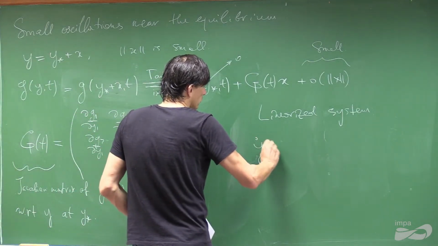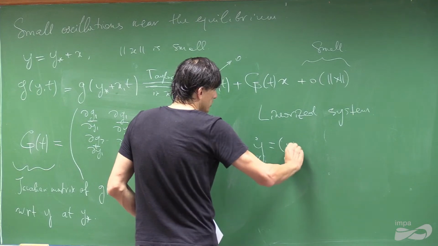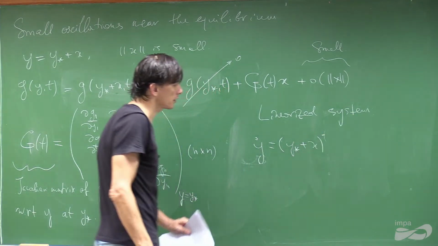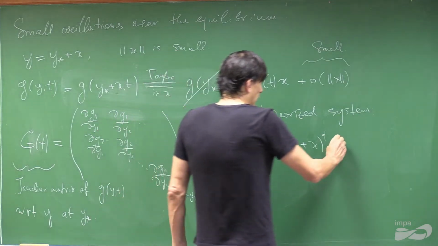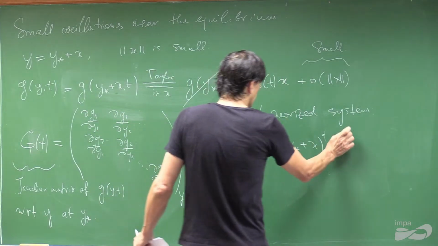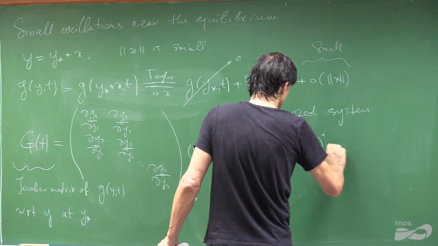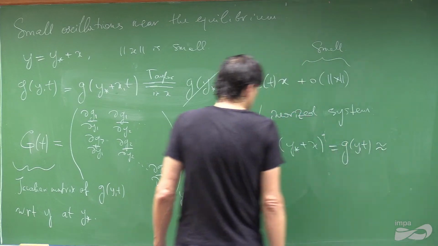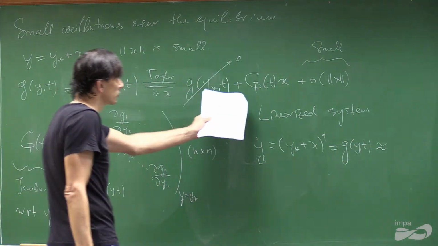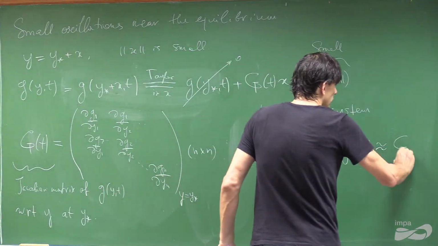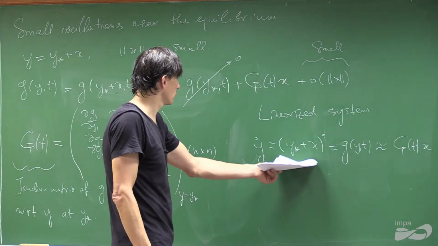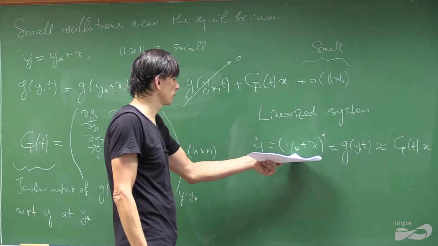So what you get is y dot, which is the derivative of y star plus x, right? On one hand side. And on the other hand side, it's approximately equal to J(y, t), which can be approximated by this formula, G(t)x. In this expression, the derivative of a constant is 0.